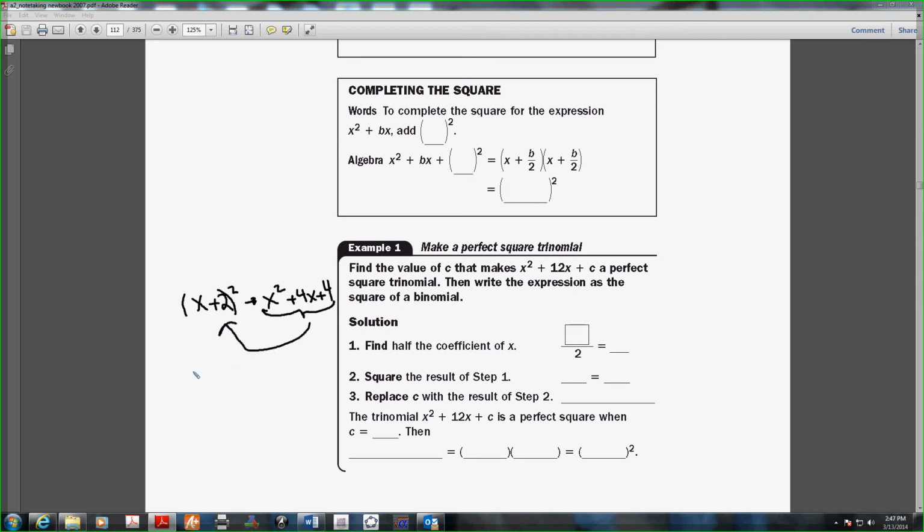Now, if you remember from Newton's binomial, when we had something like (ax + b) squared, what happened? We had a squared x squared plus 2ab x plus b squared, right?